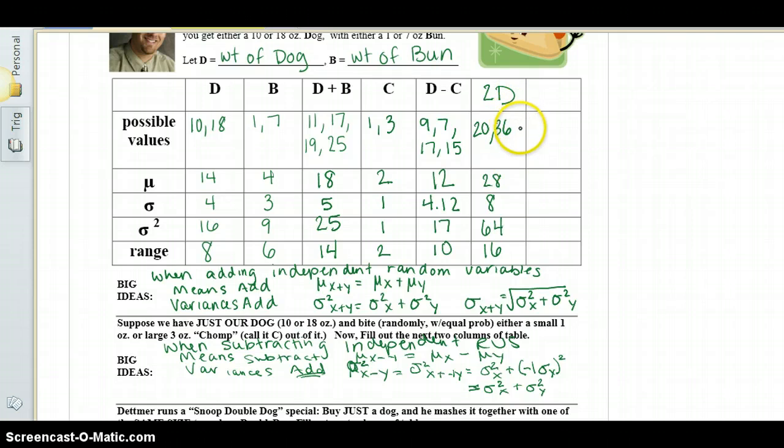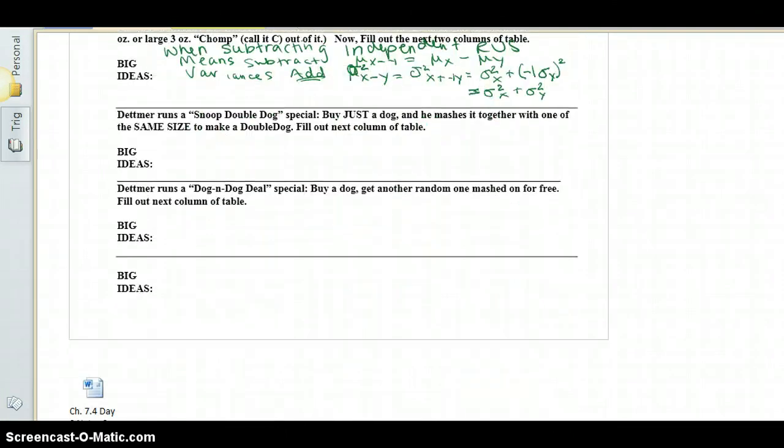So now what happens here is the mean did double, but the variance didn't double. The variance actually quadrupled. So 16 times 4 is 64. So when doubling a random variable, means double.